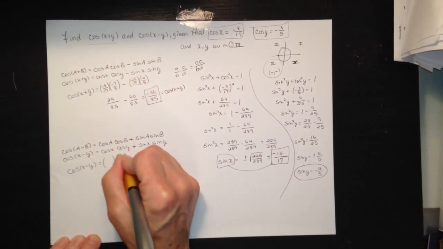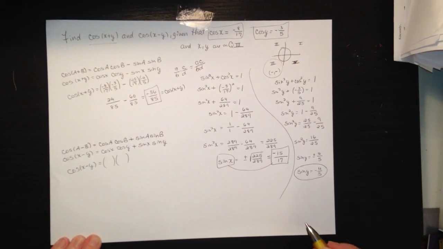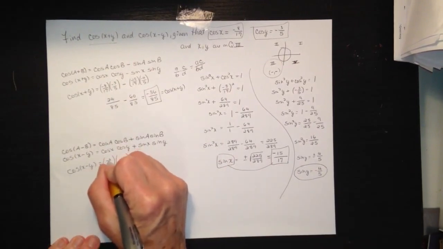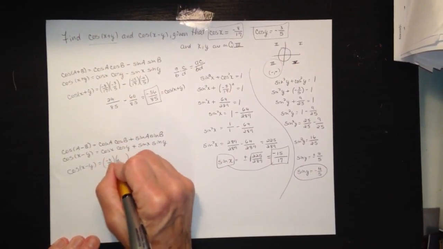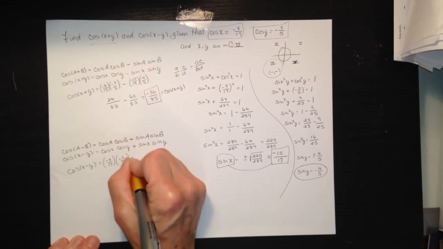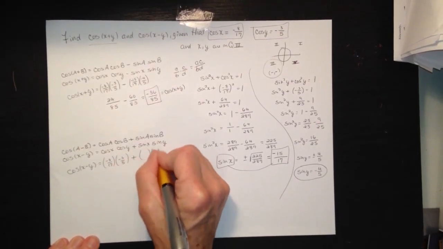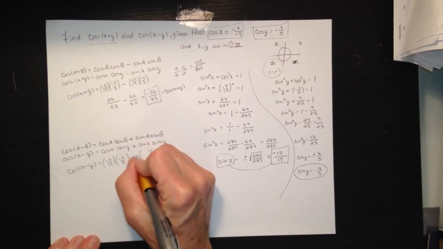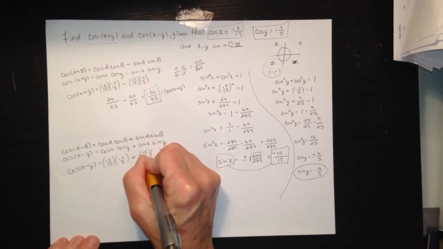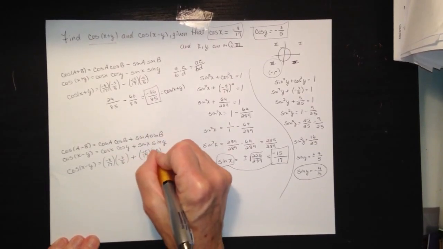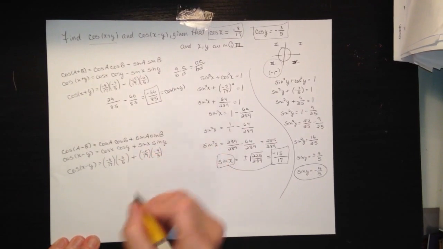The cosine of x times the cosine of y will be negative 8 over 17 times negative 3 over 5, plus sine of x, sine of y, which is negative 15 over 17 times negative 4 over 5.